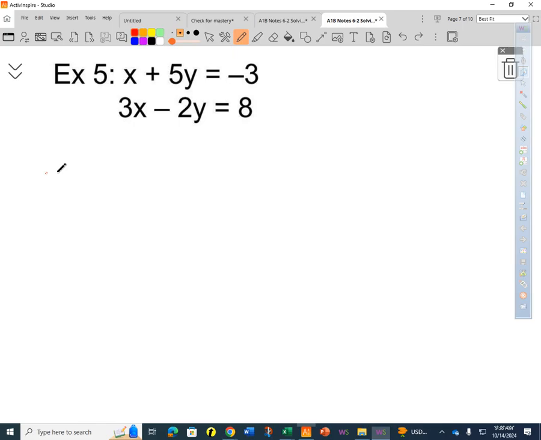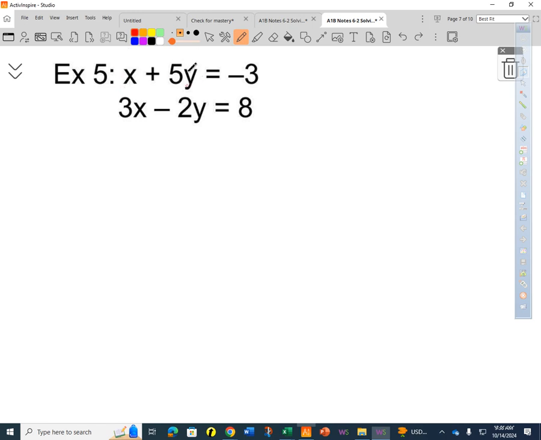This one looks a little bit different because now neither equation is solved for x or y. They both do have an x and a y, an x and a y. So if we're using substitution, we have to pick one of these equations and then either get the x or the y by itself. So I look at this equation. Both variables have a coefficient on it. Here, I see the coefficient is 1.